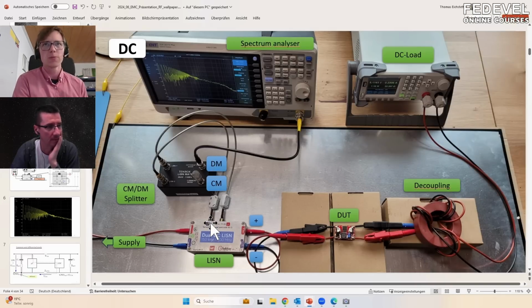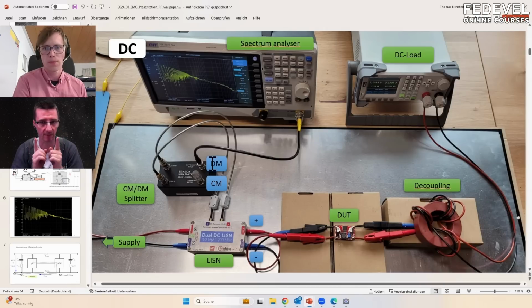So when you have these two lines, which are now measuring from minus to ground and plus to ground, you can now add them, or you subtract them. And when you add them, you are measuring the common mode. And when you look for the difference, so what is the voltage between these two, this is then the differential mode. Okay, so I understand.